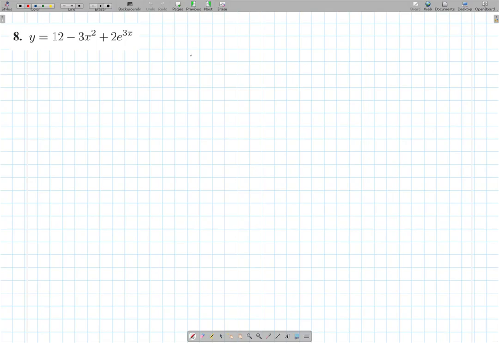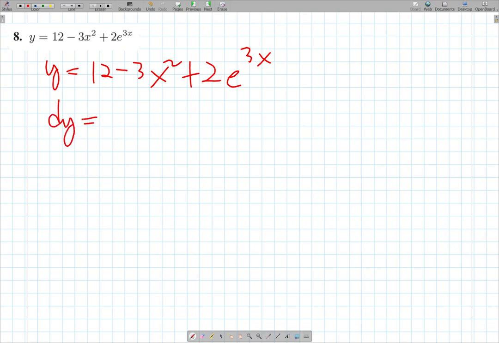So number 8, solving for dy over dx. Given the equation y equals 12 minus 3x squared plus 2e^(3x). Using implicit differentiation, deriving both sides, the derivative of y is dy. Of course, the derivative of 12, a constant, is 0, walang variable sa 12.